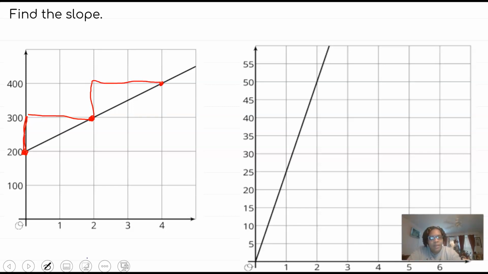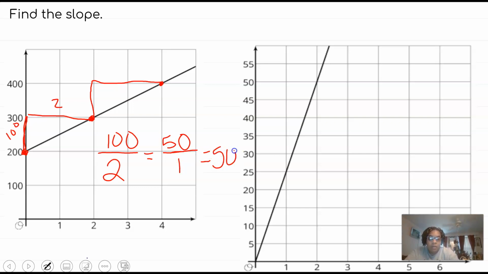So my slope is rise over run, 100 over 2, so your slope is actually going to be 50 over 1, or 50. Just remember to pay attention to the scaling of your graph.